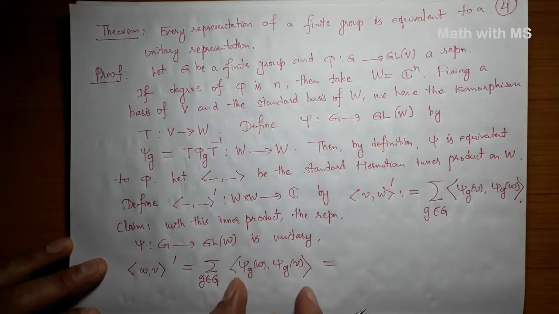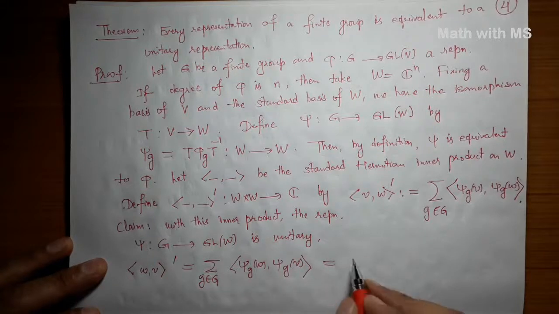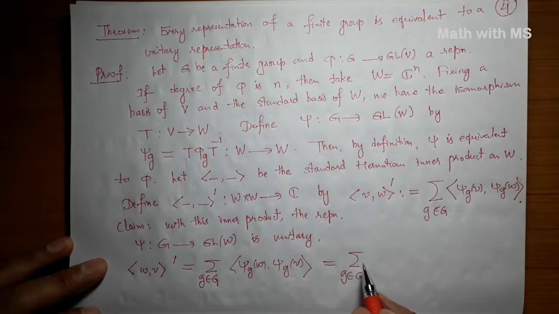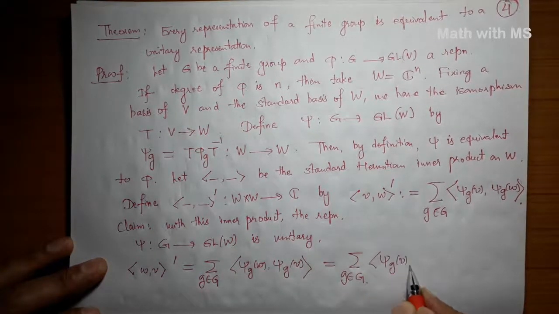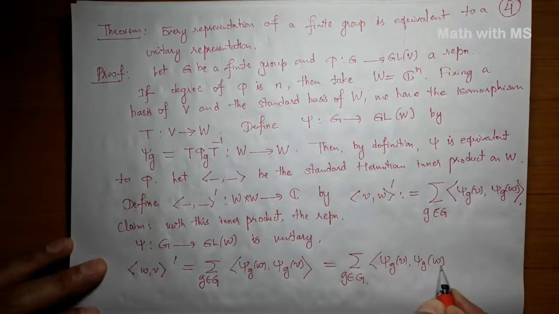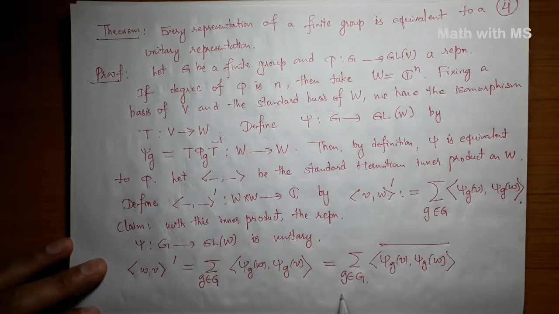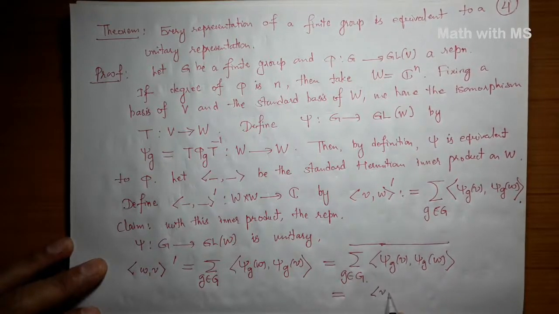This is your standard Hermitian inner product, so you can write it as ⟨ψ_g(v), ψ_g(w)⟩ whole bar. It's a finite sum of complex numbers, so you can take the bar over the full sum. But what is this? This is just (v, w) prime, and its bar.